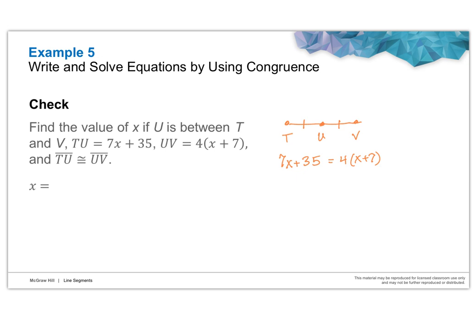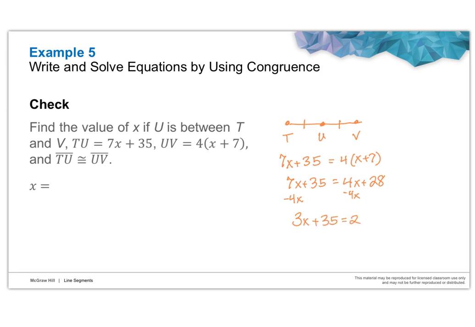Then we're going to go ahead and distribute on the right-hand side. And we can subtract 4x from both sides. I always like to move my variables first so I can know which side they land on that will remain positive.